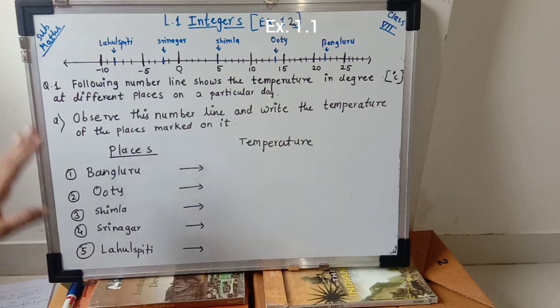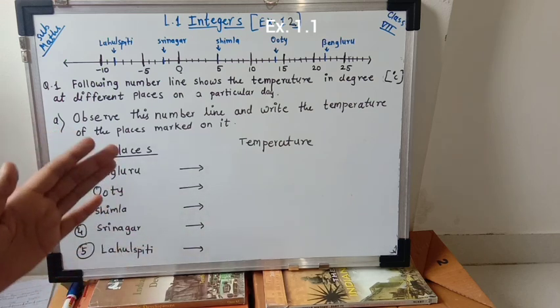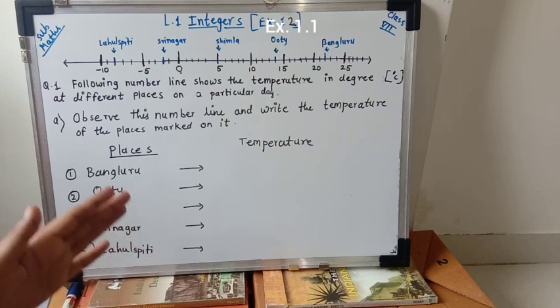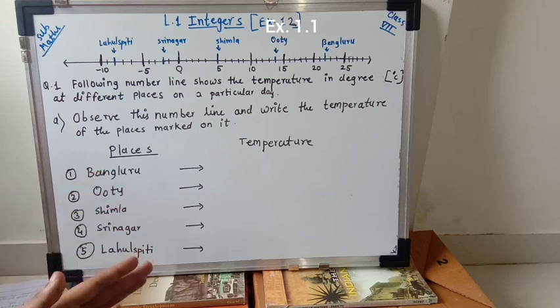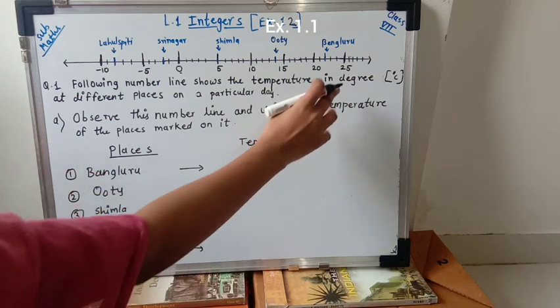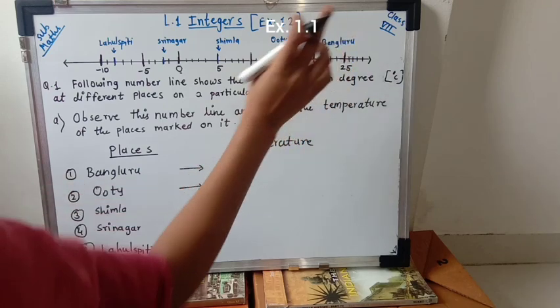So some places have negative temperature and some have positive temperature. Now we have to find the exact temperature of each place on that particular day.